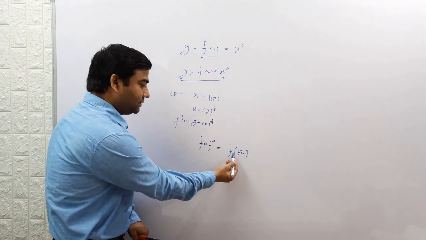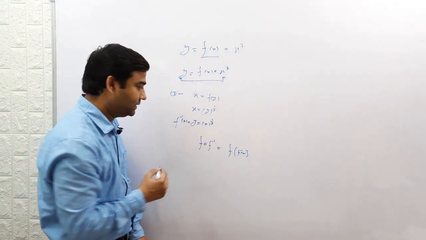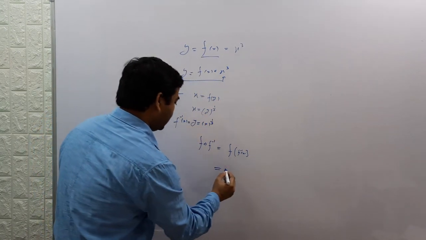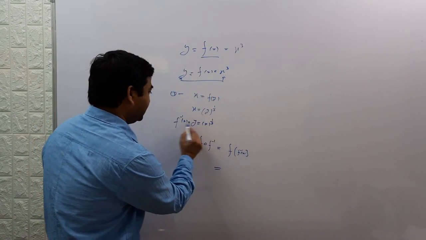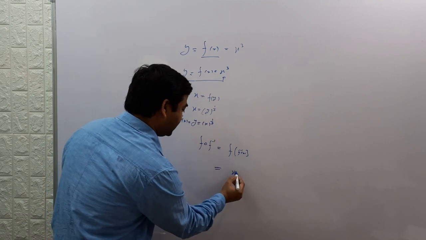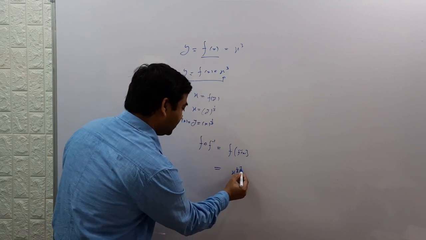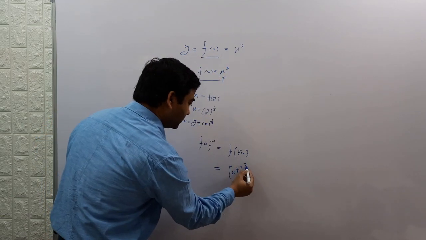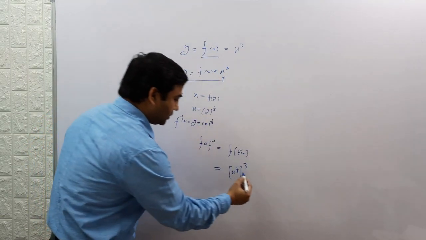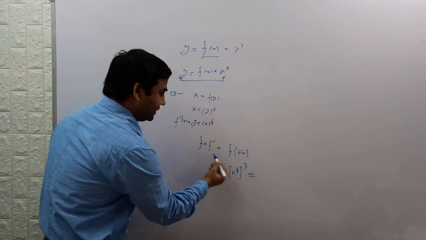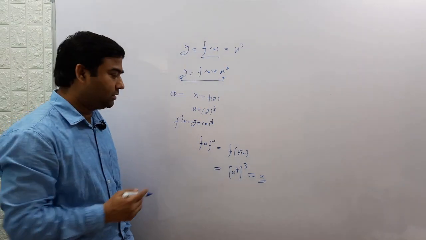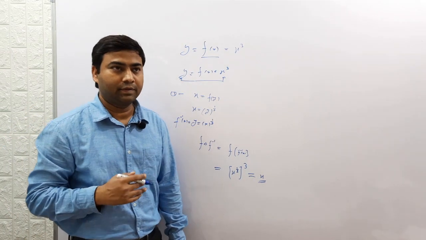The original function f is in terms of f inverse x, and f inverse x is x power 1 by 3, and f(x) is x cube. So f of f inverse is x. That is the property of inverse function.